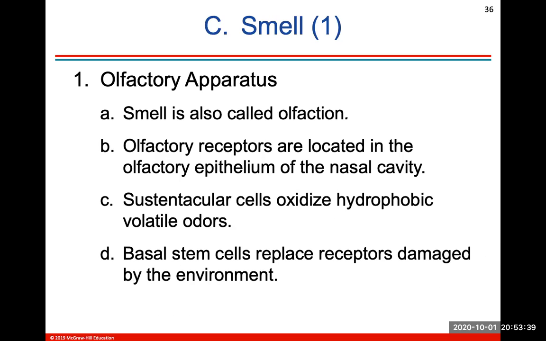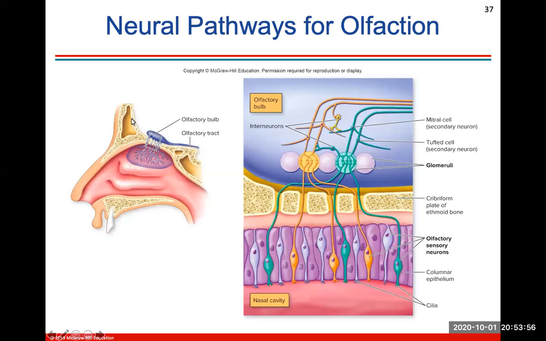The olfactory apparatus has to do with smell. Smell is also called olfaction. Olfactory receptors are located in the olfactory epithelium of the nasal cavity, and these olfactory cells will eventually lead up to the olfactory nerve. So here is the olfactory bulb, the olfactory tract, or that olfactory nerve.